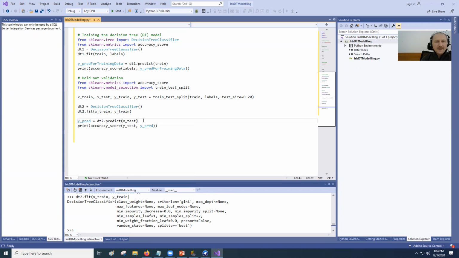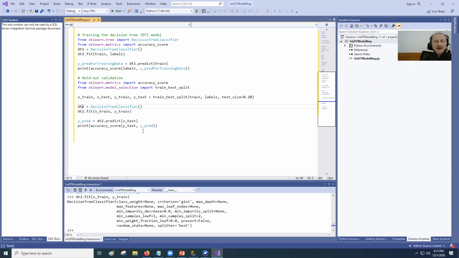And then to calculate the accuracy, I am using the test side. I give input coming from the test data, and I get the prediction of my decision tree 2 model. Yes, this is the second decision tree model I generated from here.